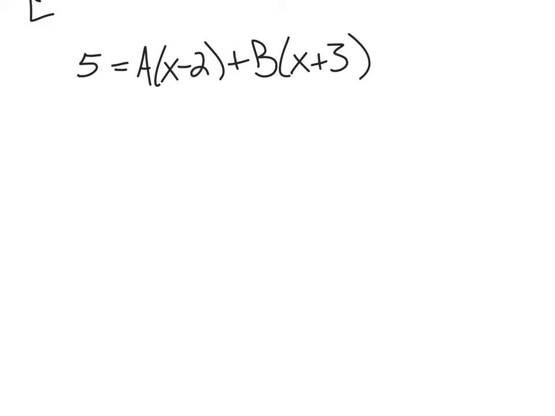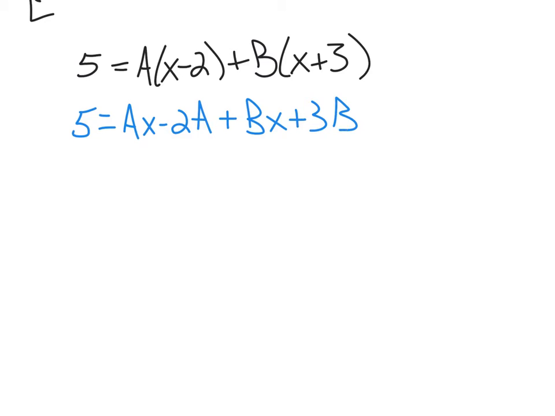But here's just another thing to think about that maybe will help you later on. So I'm going to actually distribute the a and then distribute the b. And then I'm going to get like terms next to each other. And really, I'm just looking at these two as like terms.